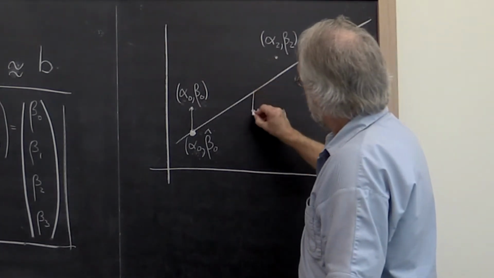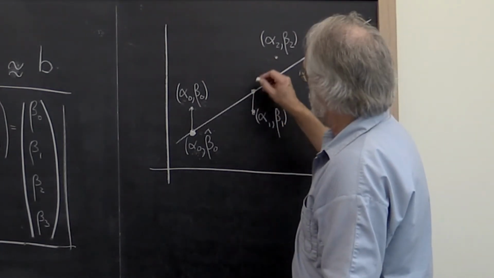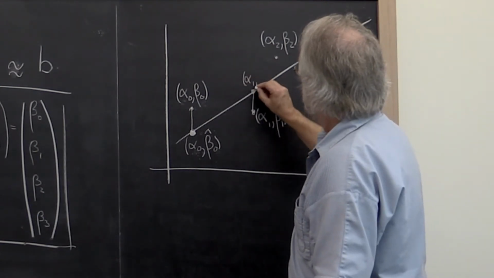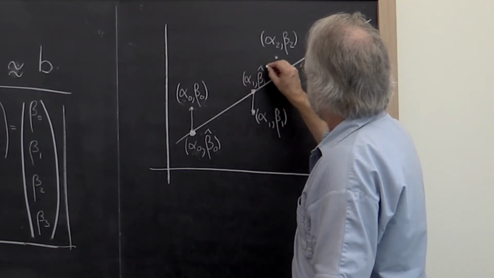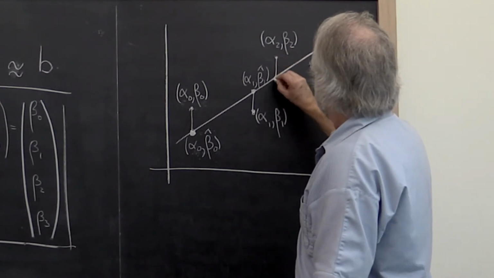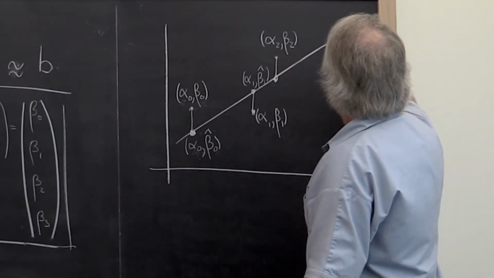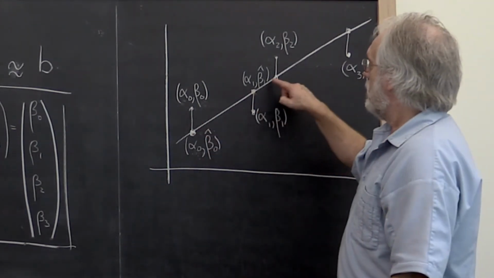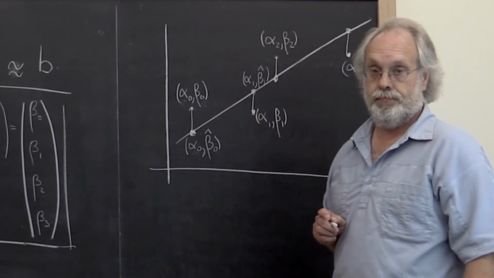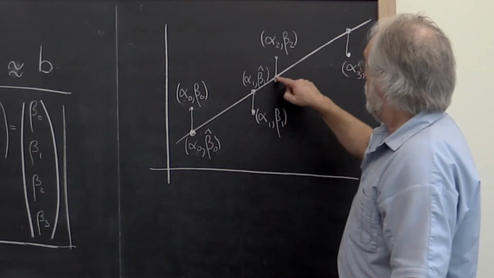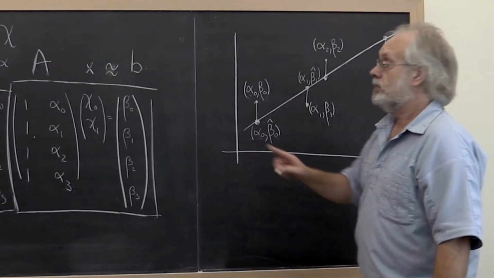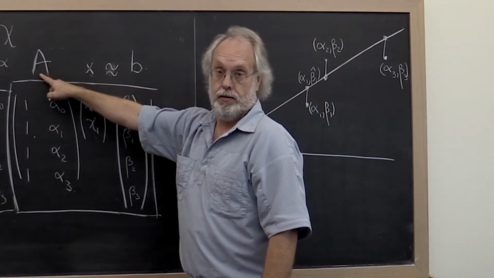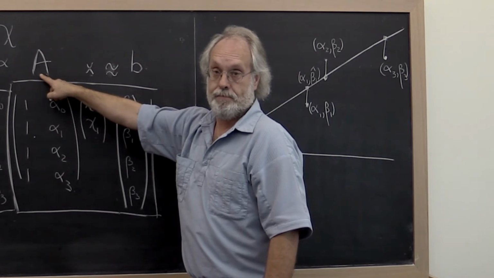And then here we can drop this down to the line, and that would be alpha 1, beta 1 hat, and so forth. Now, all of those points are actually on the line. So all of those points we can exactly solve for x with matrix A.